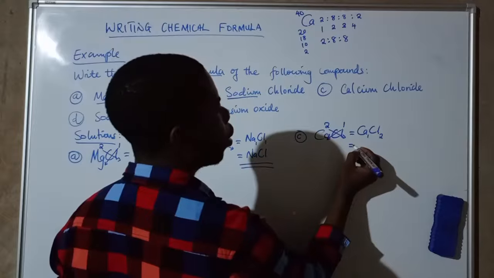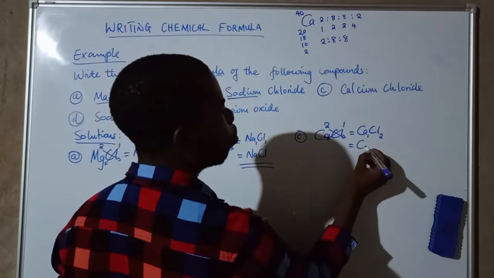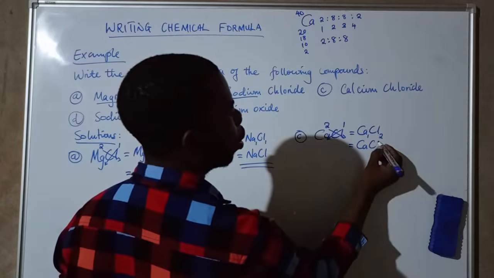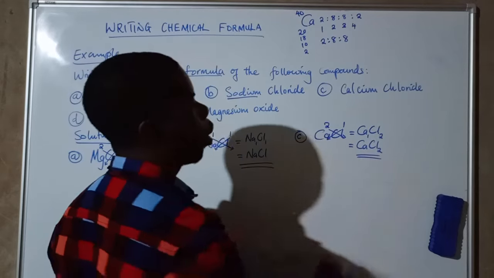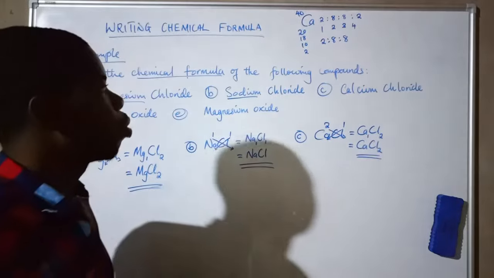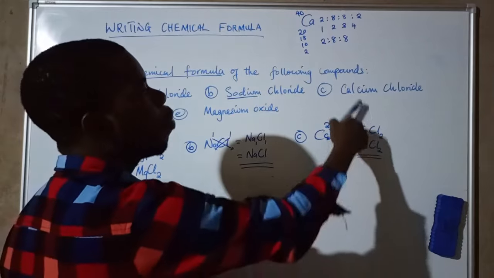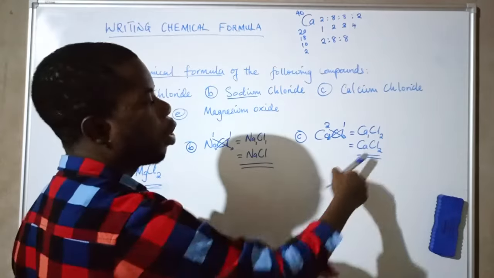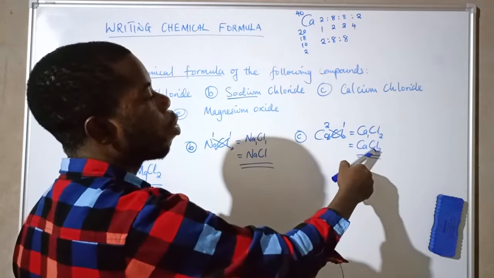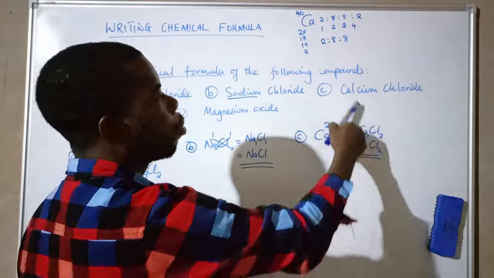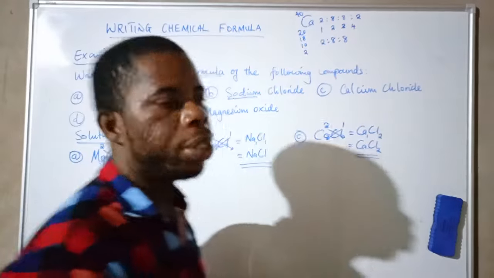Now remember I said that 1 is never written, so it will be like calcium, then the 2 there. So this is where the 2 comes from. So this is the chemical formula for calcium chloride, and then here we read it as: 1 calcium atom combines with 2 atoms of chlorine to form calcium chloride.